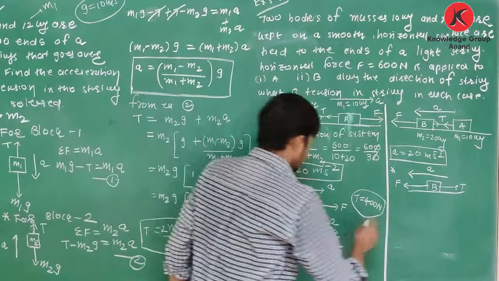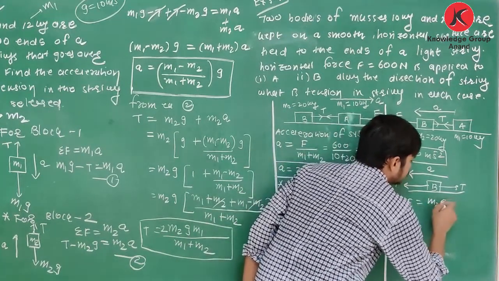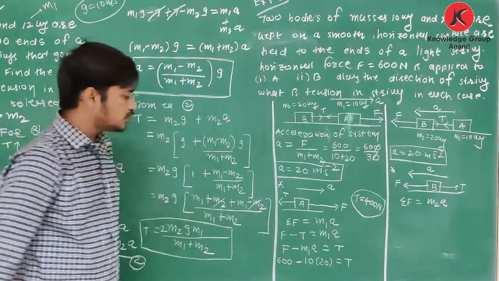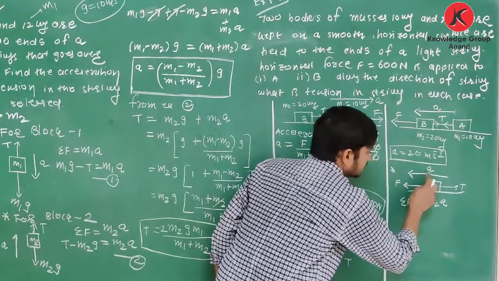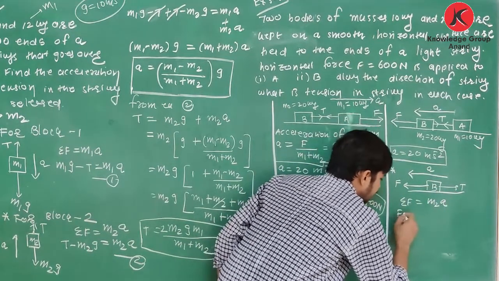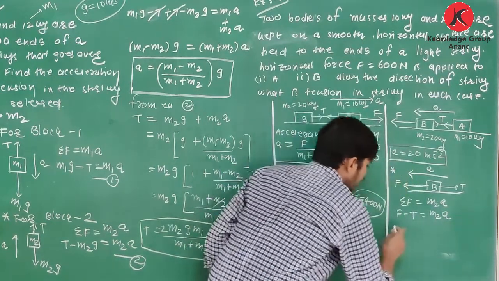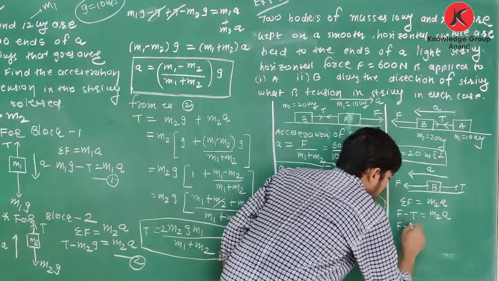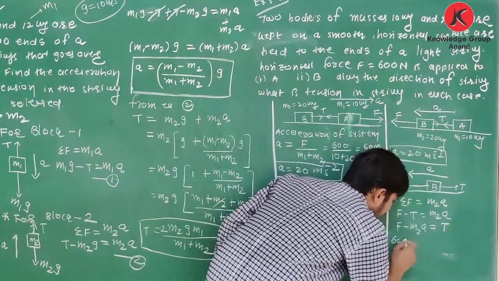So I can write sigma F is equal to M2A. Sigma F means forces acting in this direction, F minus T is equal to M2A. So F minus M2A is equal to T.